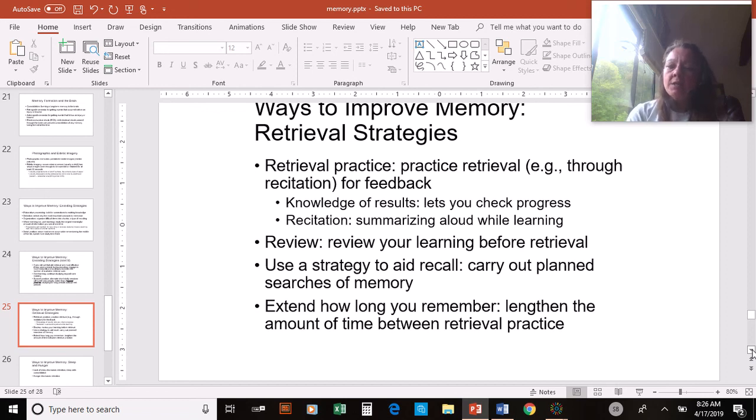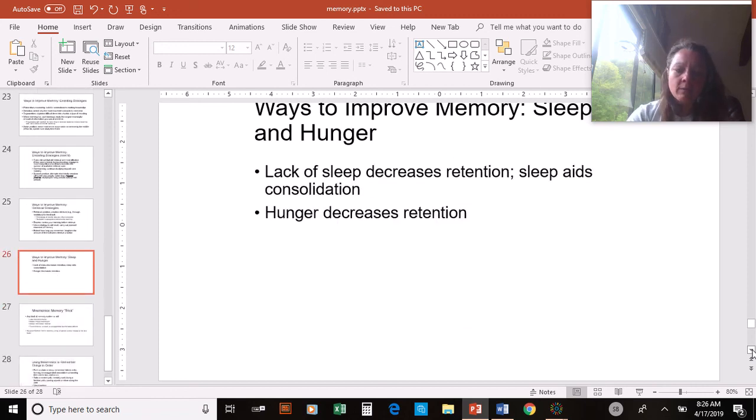And then when it comes to trying to improve memory, once again, giving yourself those breaks will extend how much longer you remember that information. So it's about lengthening that time between retrieving. So it's like, you remember it 1 day, can you remember it 2 days, and so on.